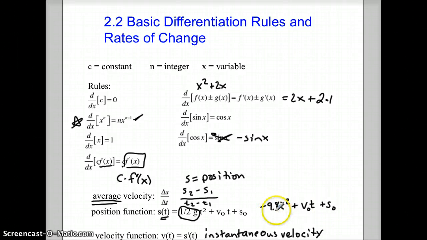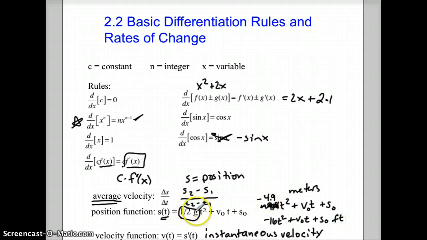Negative 9.8 is one of them, and then negative 16 t squared is the other. One of them is negative 4.9, half of the pull of gravity, so this is when you're working in meters, and this is when you're working in feet.